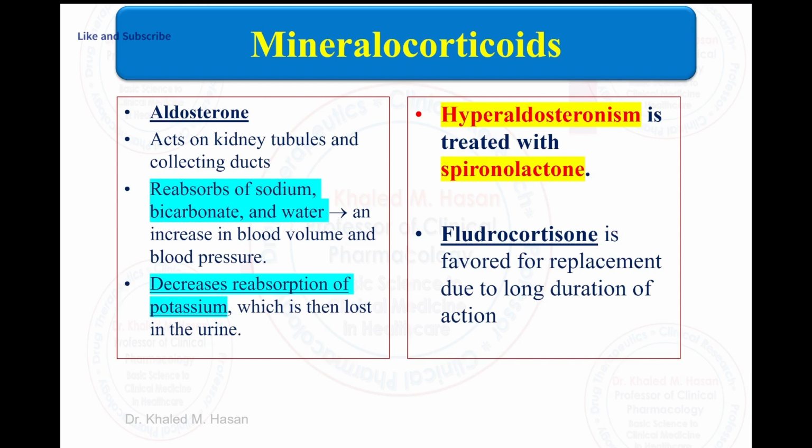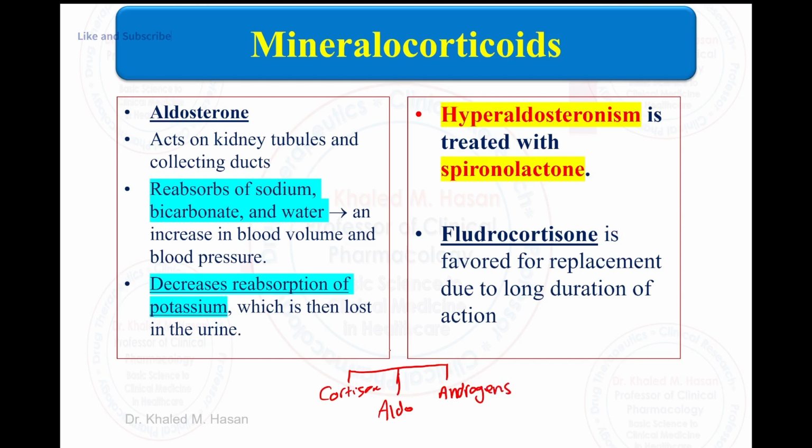Next are the other two main hormones, as we discussed. If you go back to the hormones of the adrenal cortex, we have three main hormones: cortisone, aldosterone, and then androgen.